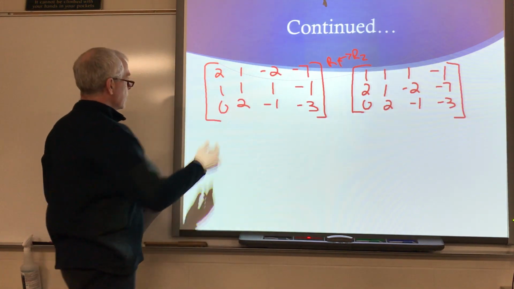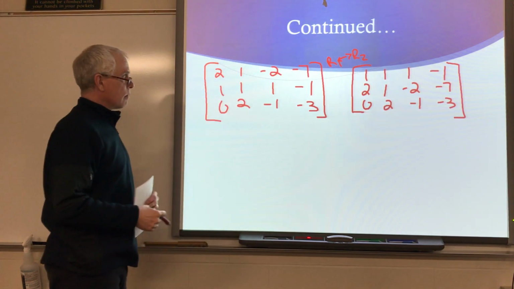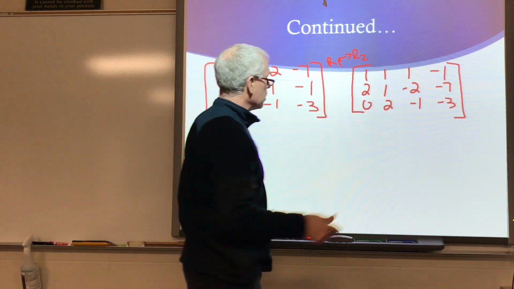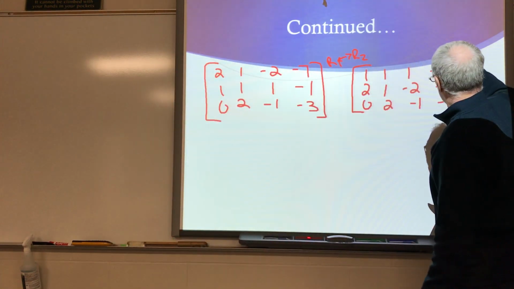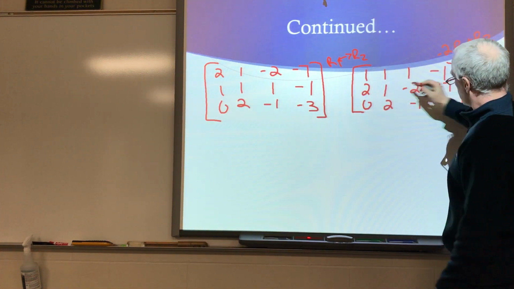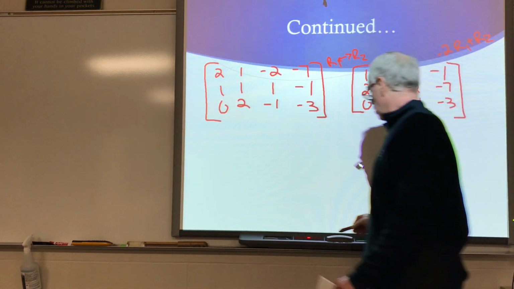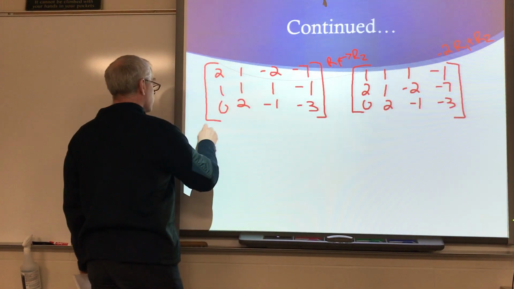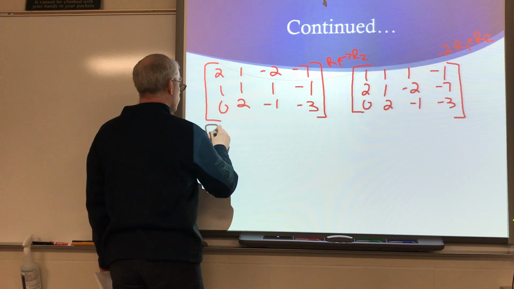Okay, so now I'm here. The next thing they said is to get zeros below that first diagonal entry. Well, I've got a 0 down here, but I don't there. So I'm going to take -2 times row 1, and I'm going to add it to row 2. So that'd be -2 plus 2. That'll give me that 0 that I'm looking for. Okay? So I'm going to just use a different color here. The first row I'm going to leave alone.